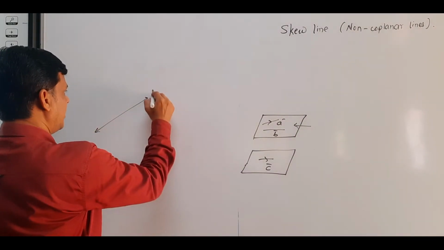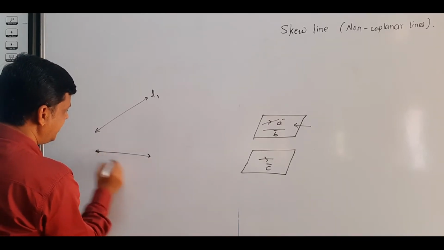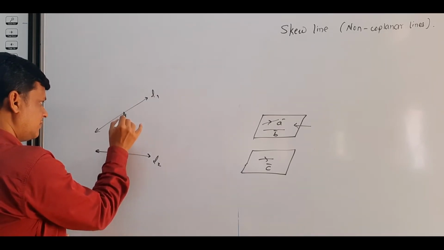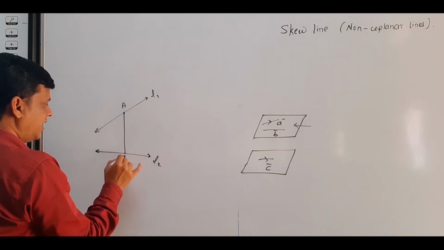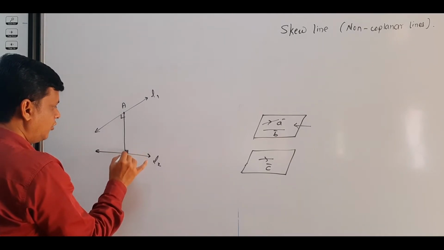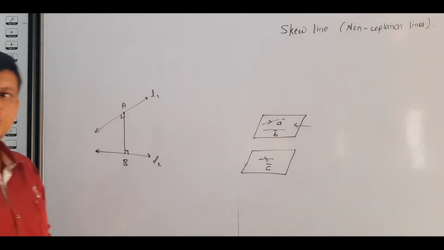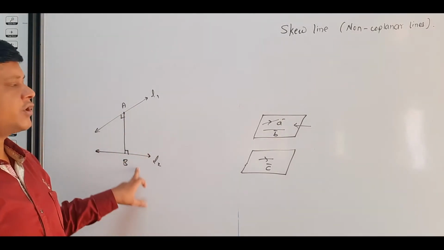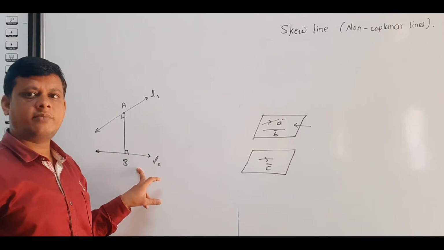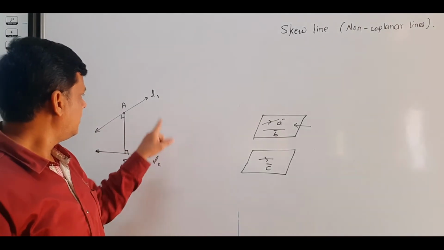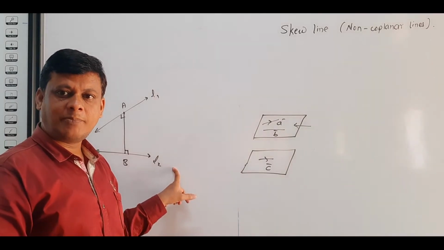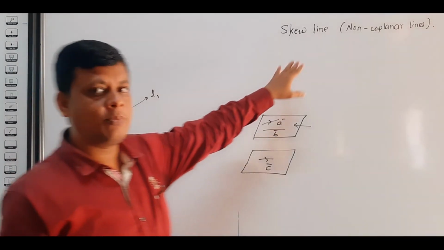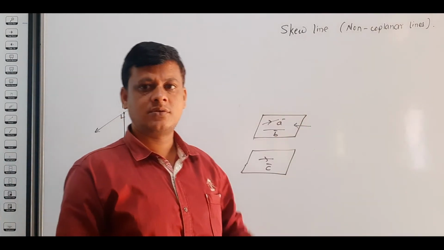Suppose this line is L1 and this line is L2, and segment AB is perpendicular to both lines L1 and L2, then the length of this AB is the distance between these two skew lines. You just have to remember, when two lines are neither parallel nor intersecting, then lines L1 and L2 are called non-coplanar lines or skew lines.